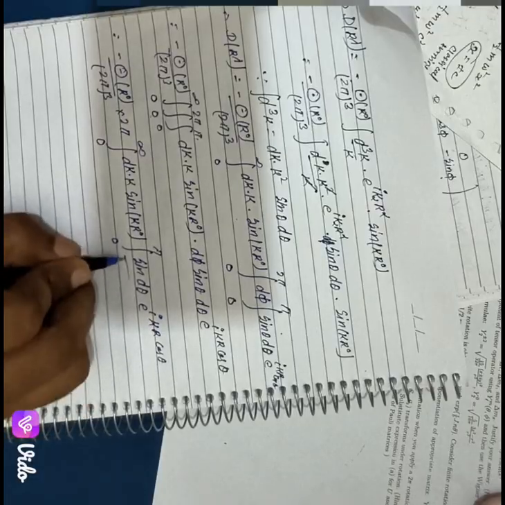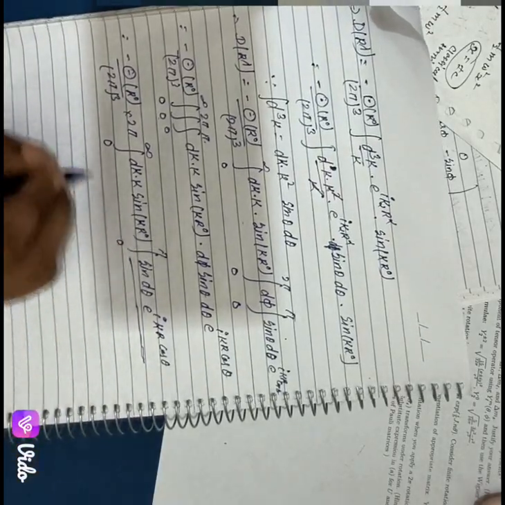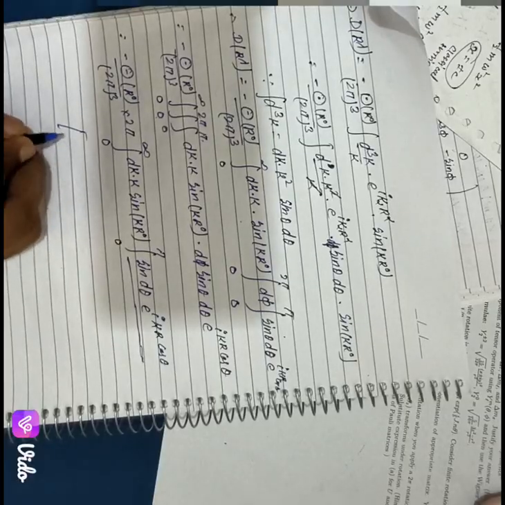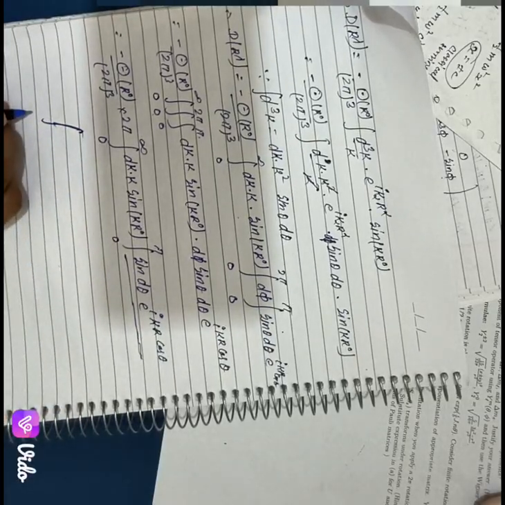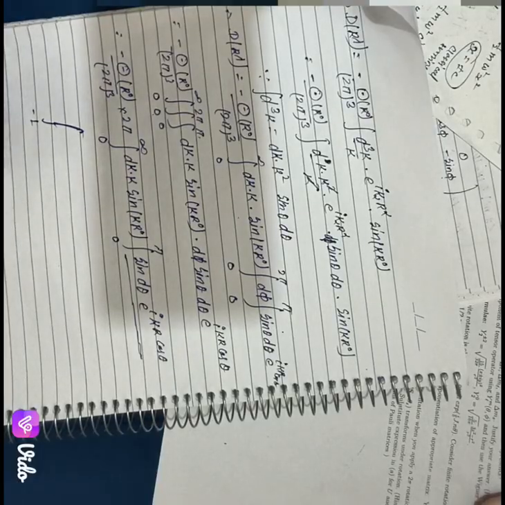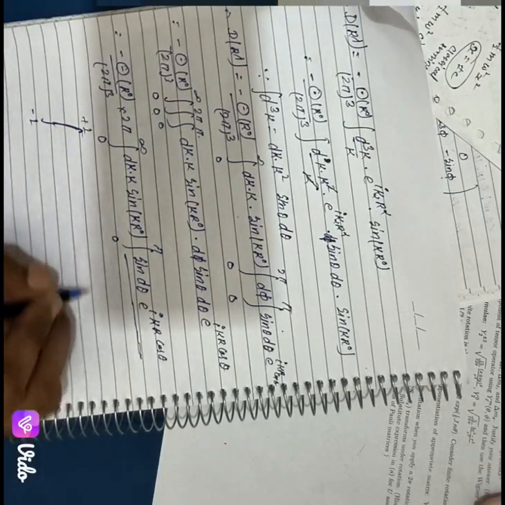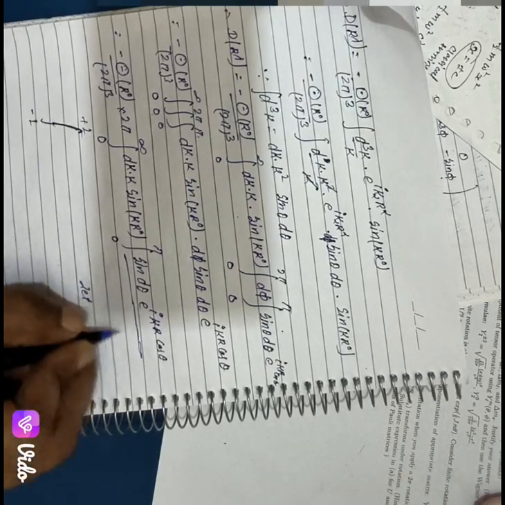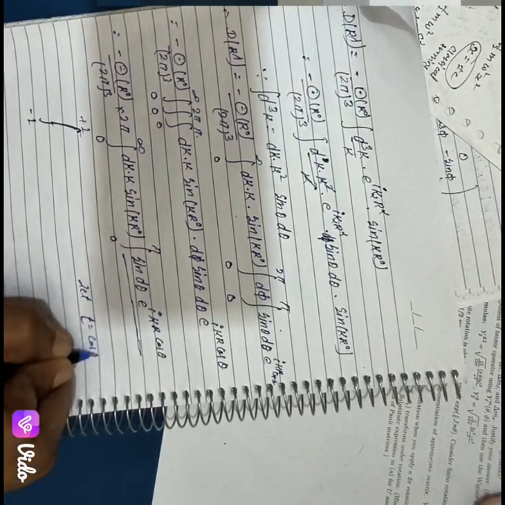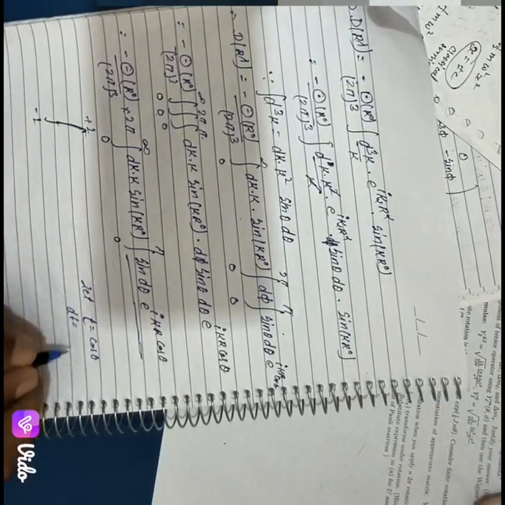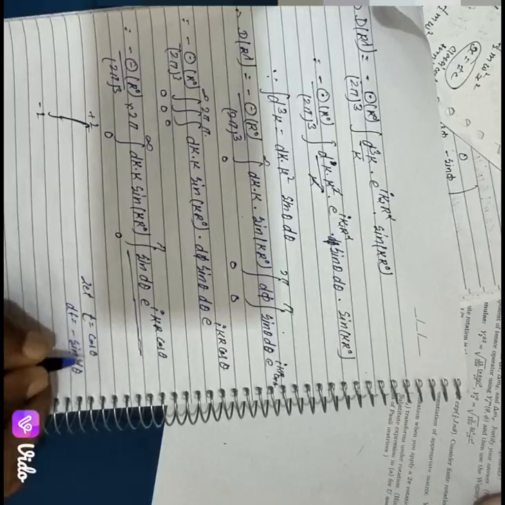Now we have to solve this term. So 0 to pi will become minus 1 to plus 1, and let cos t equal cos theta and dt is equal to minus sine theta d theta.